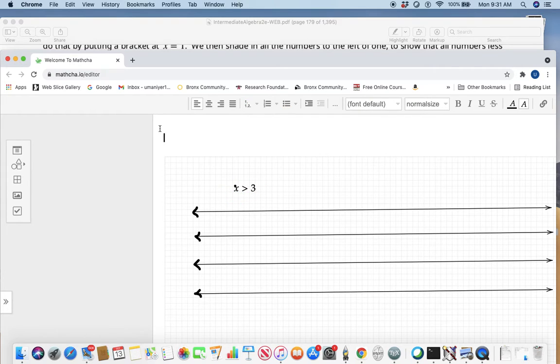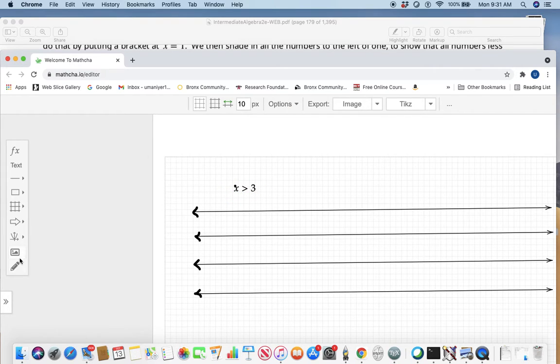So what do I do? Somewhere over here is 0, here is 1, here is 2, here is 3. My x is greater than 3, so x is allowed to be anywhere to the right of 3.